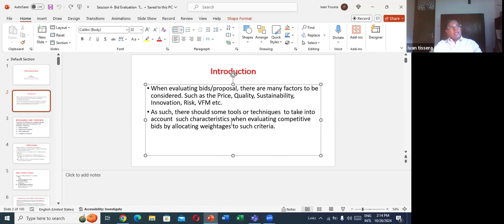Considering the importance of each criterion, we give a weightage. For example, earlier we gave price 80% or 90%, but that is not the case for everything. Sometimes we give 50% because other factors are very important. So then we have to give weightages and calculate how we can select the bid.